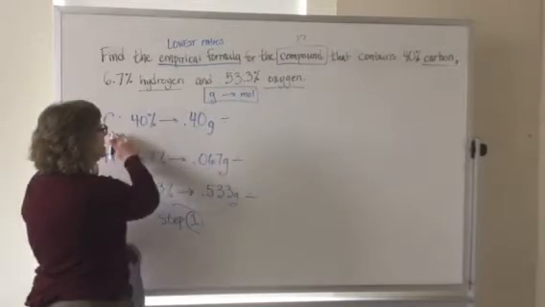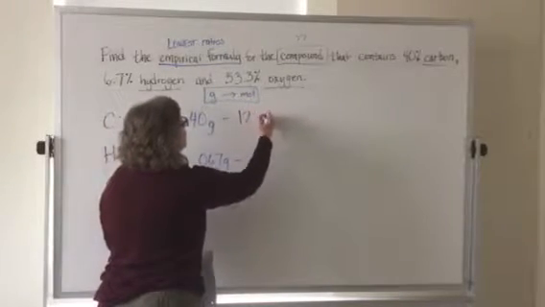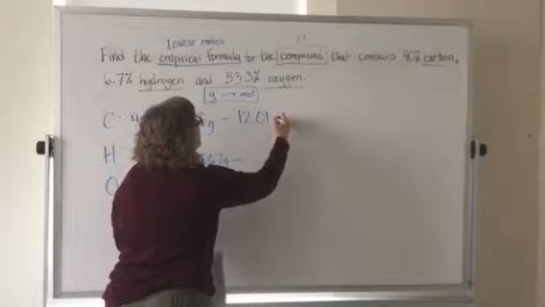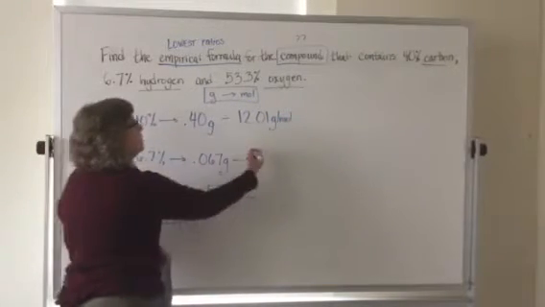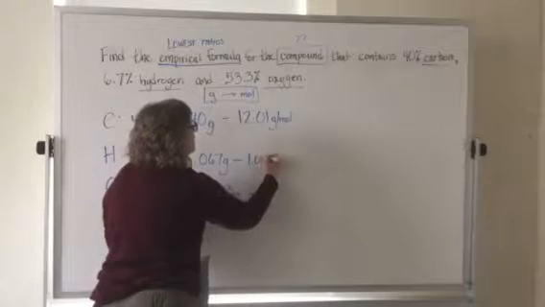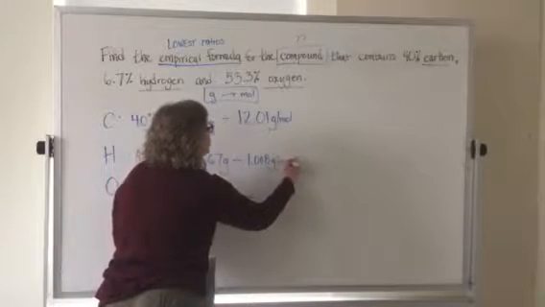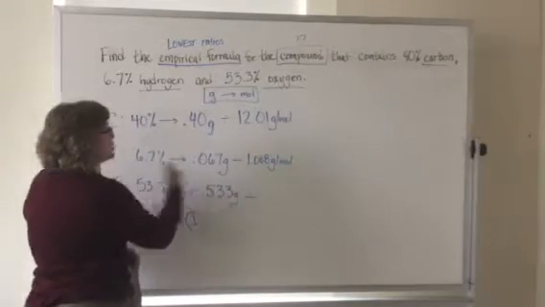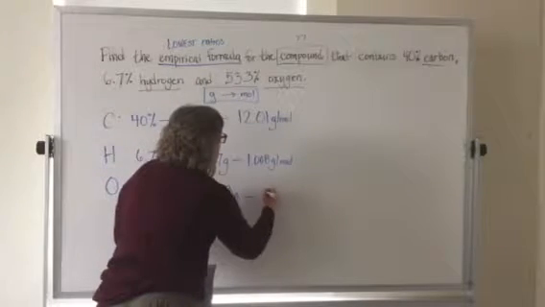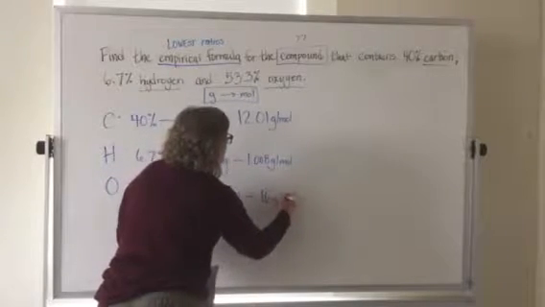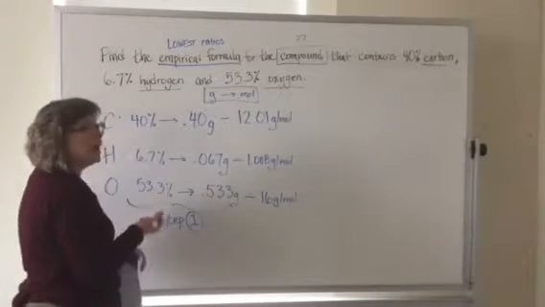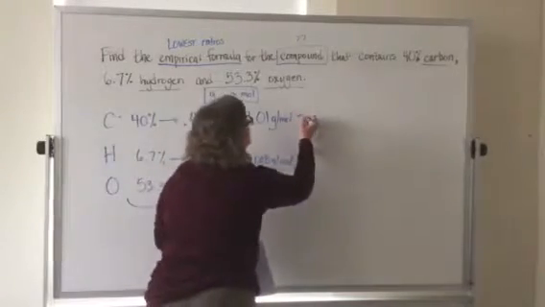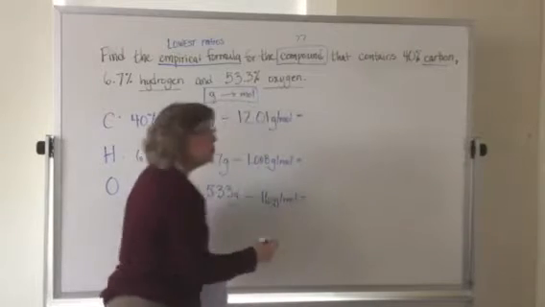So for carbon, it's 12.01 grams per mole. For hydrogen, it's 1.008 grams per mole. For oxygen, it's a good old simple 16 grams per mole. Once you get that, we're going to turn it into moles. Now, this is important.